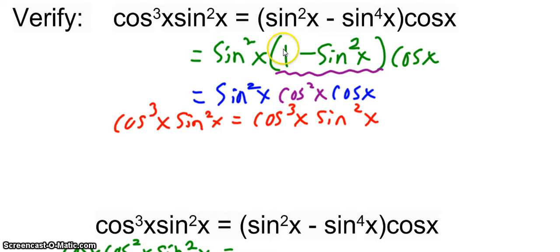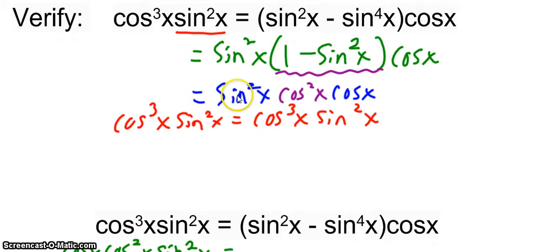So anyway, if I choose to work with the right-hand side, what's my thought process? I have a sine squared of x minus sine to the fourth of x. I know I need a sine squared of x in my answer, so I'm going to factor out a sine squared of x from these two terms. Conveniently, that leaves me with 1 minus sine squared of x, which is cosine squared of x for my Pythagorean identity.